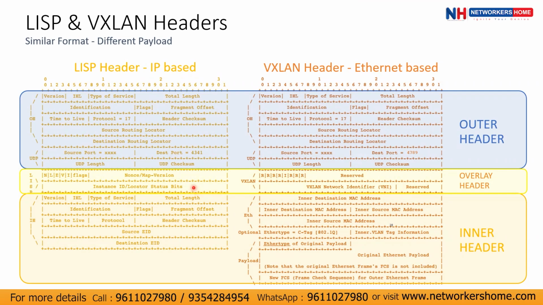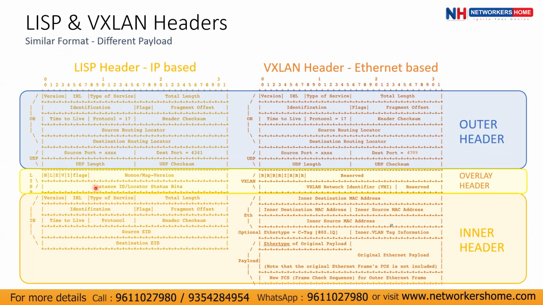And here there is no specific option for anything SGT related. But in VXLAN we have tweaked the header and we are using the specific group policy object header, where it carries the SGT related information.